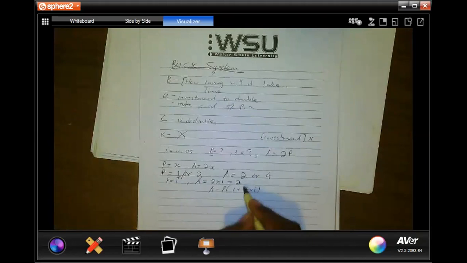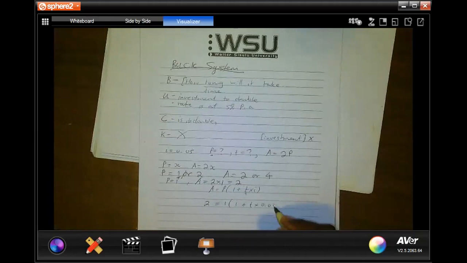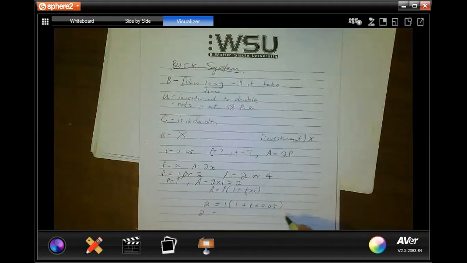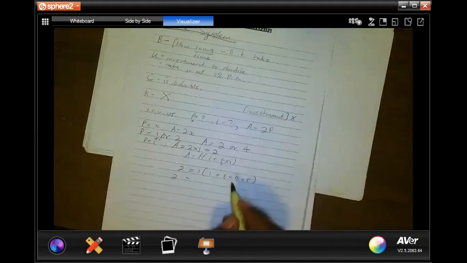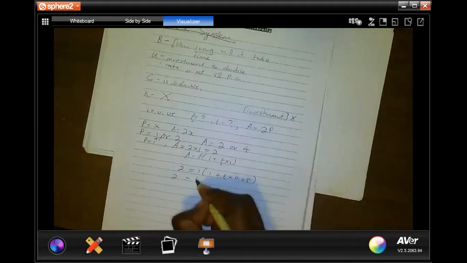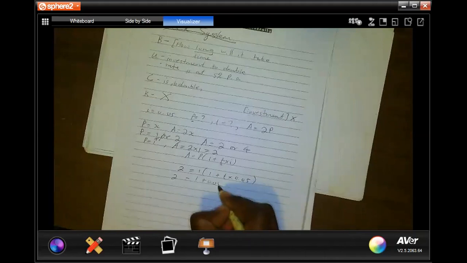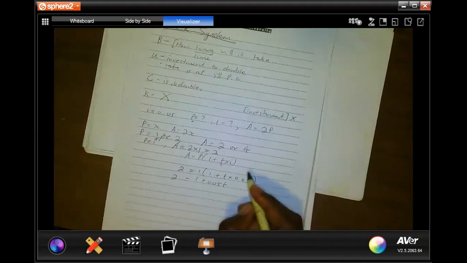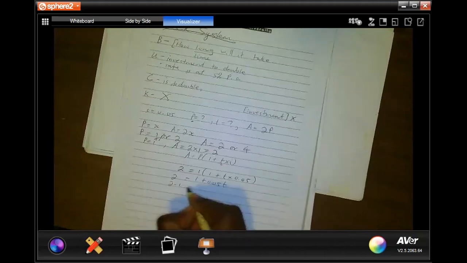So A is 2, P is 1, 1 plus T times what is I? I is 0.05. That's what I've got, 2 equals 1 times anything is 1, so I have 1 plus 0.05T. And then I have 2 minus 1 equal to 0.05T.